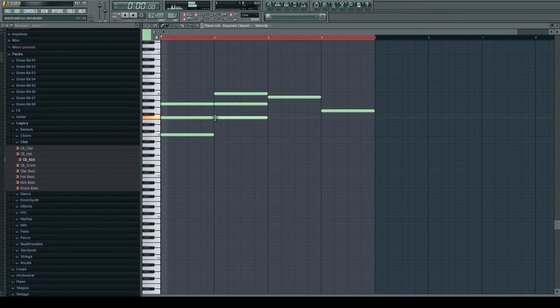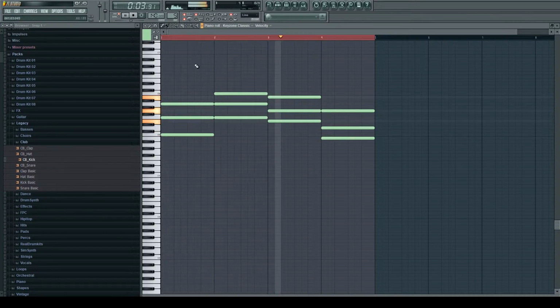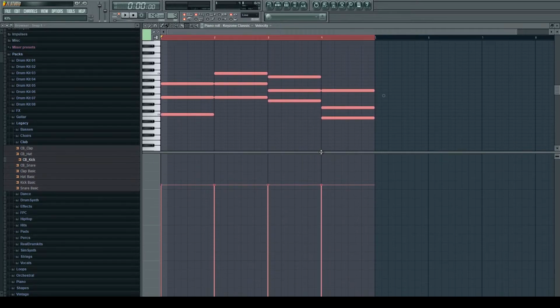So I used F major, A minor, E minor, and then a G. Let me just fix the velocity. So you guys can hear the leading.